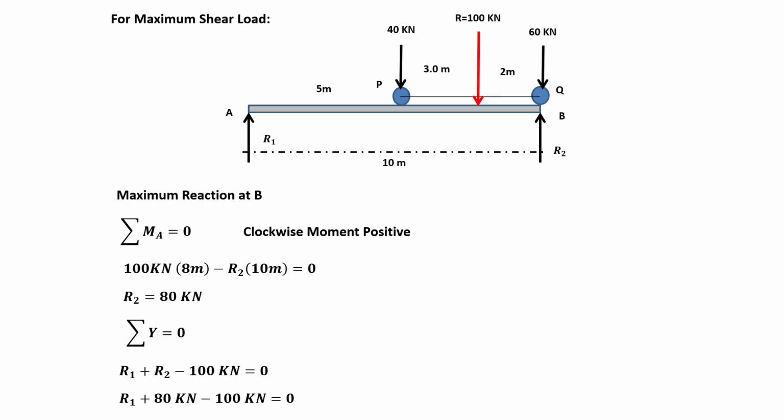Next, R sub 1 plus 80 kilonewton minus 100 kilonewton equals 0. The 80 kilonewton appears because the value of R sub 2 is 80 kilonewton. Now, what is the value of R sub 1? R sub 1 is 20 kilonewton.